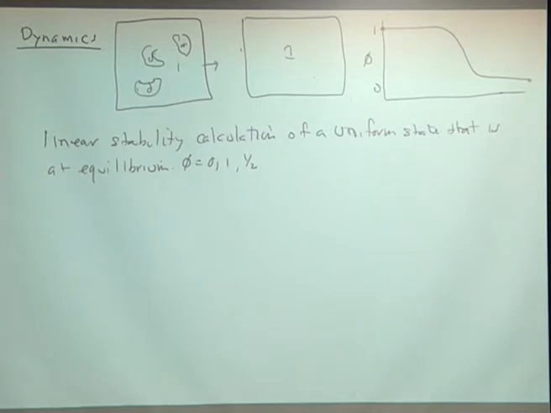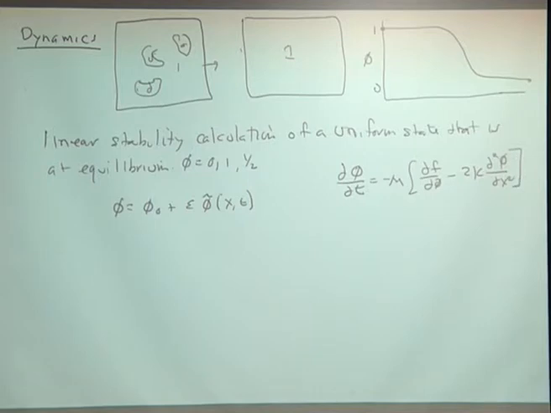And so we do the same thing we did before. So you take a small perturbation of x and t, and the equation we're looking at is the same equation we had before, right?